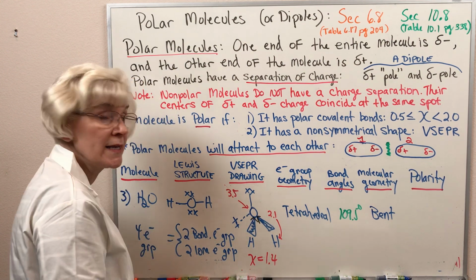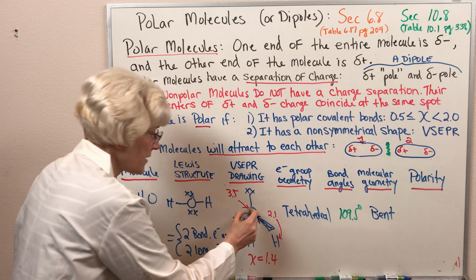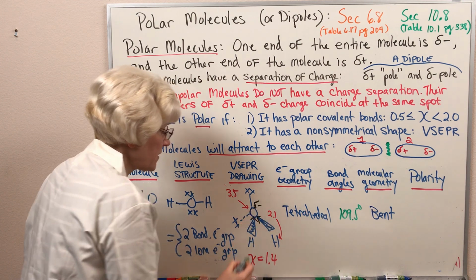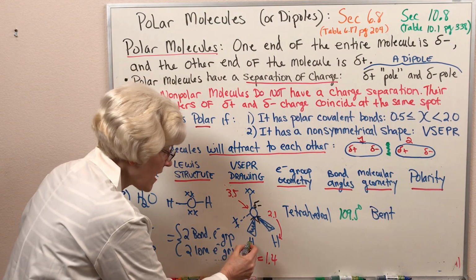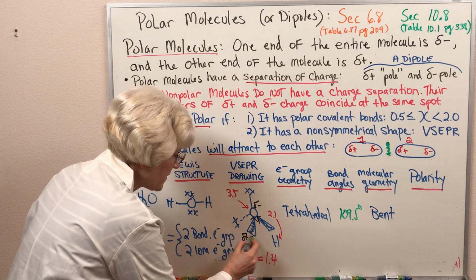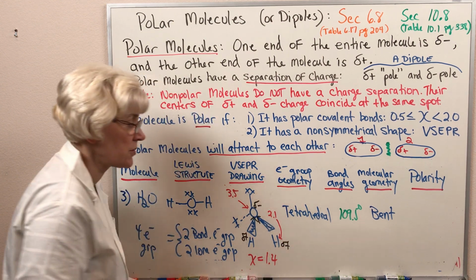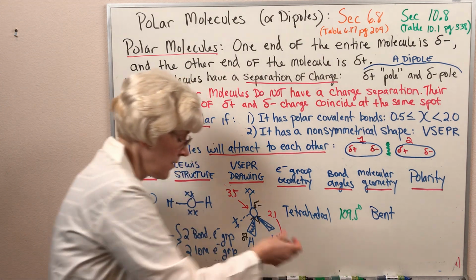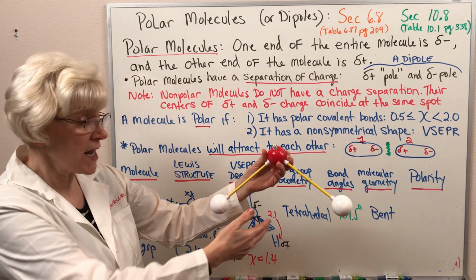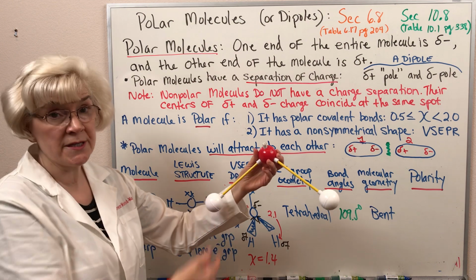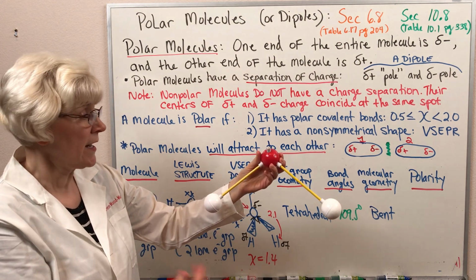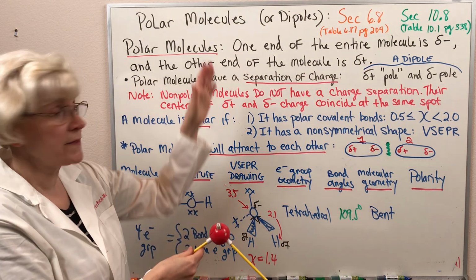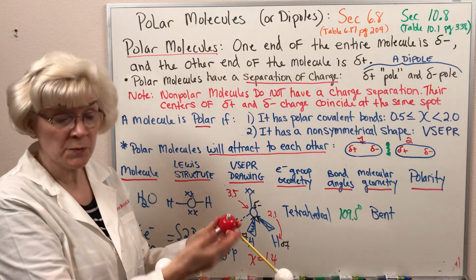Therefore, oxygen is pulling those shared electrons more closely to its nucleus and has a partial negative charge, and each of the hydrogens is partial positive. So with that information, we're now ready to take a look at the shape of the molecule, understanding where partial charges are, and evaluate whether or not the overall water molecule is polar.